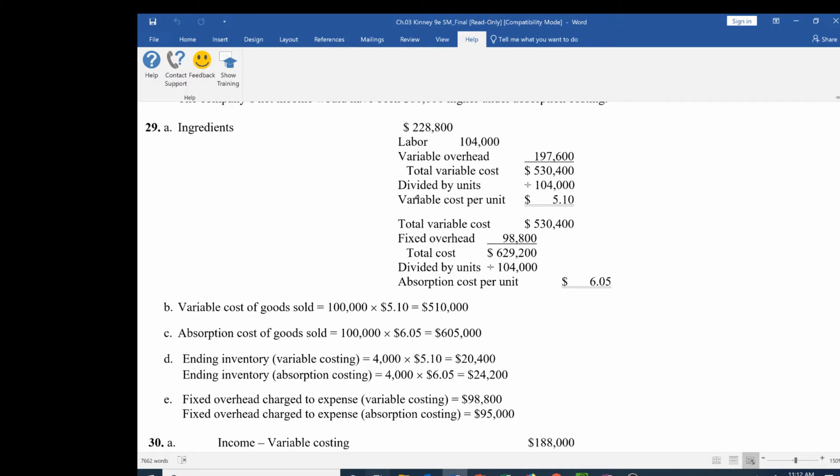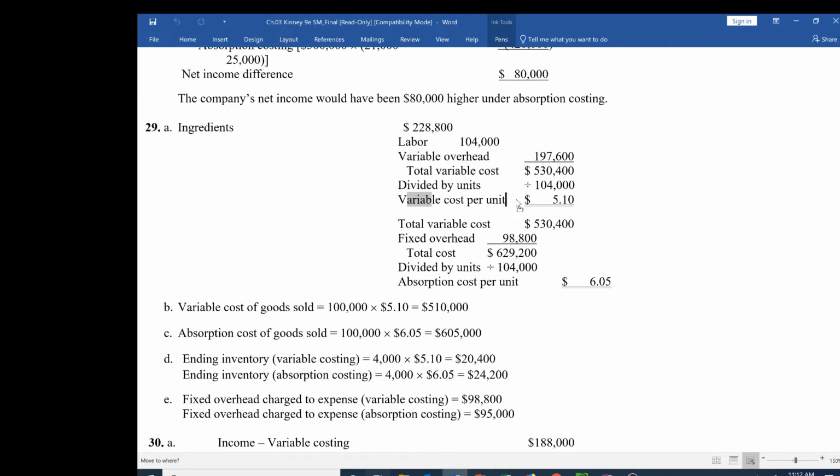But anyway, your final answers here: your variable cost per unit is 510. The absorption cost per unit is 605. Now, what's the difference? The 95 cents difference? Your fixed overhead, adding in your fixed overhead. You add it in right here.